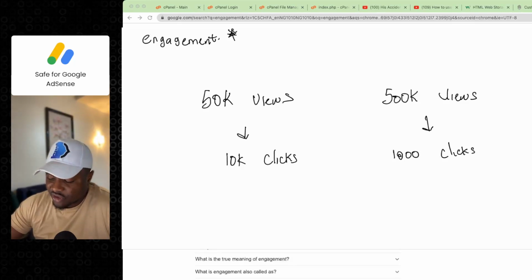Judging from your concept of Google AdSense, who do you think would get more? Remember, one person has a whole lot of views and the other has a whole lot of clicks. So who gets paid more?